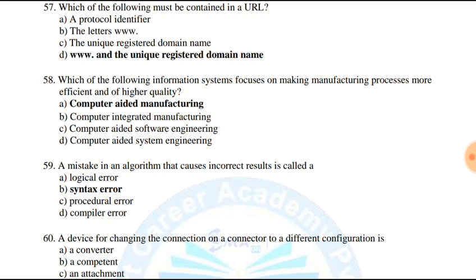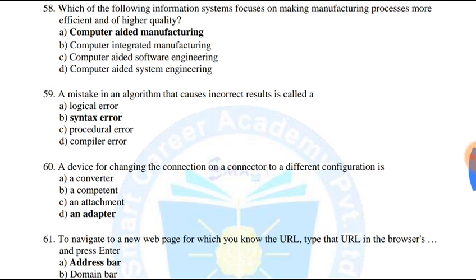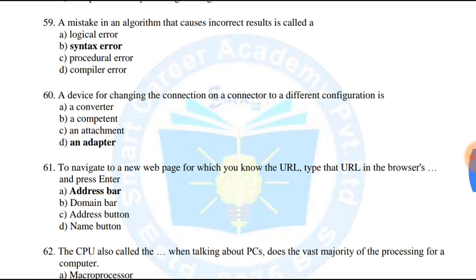A mistake in an algorithm that causes incorrect results is called a syntax error. A device for changing the connection on a connector to a different configuration is an adapter. To navigate to a new web page for which you know the URL, type the URL in the browser's address bar and press enter.